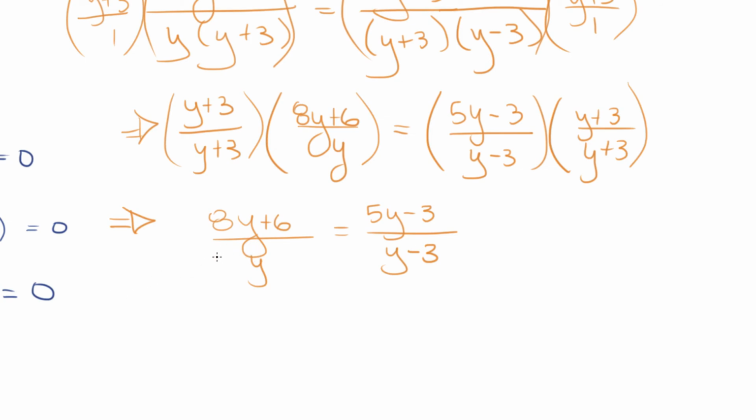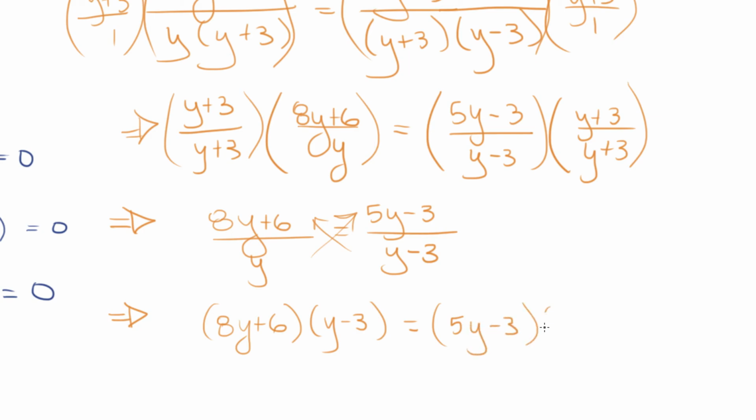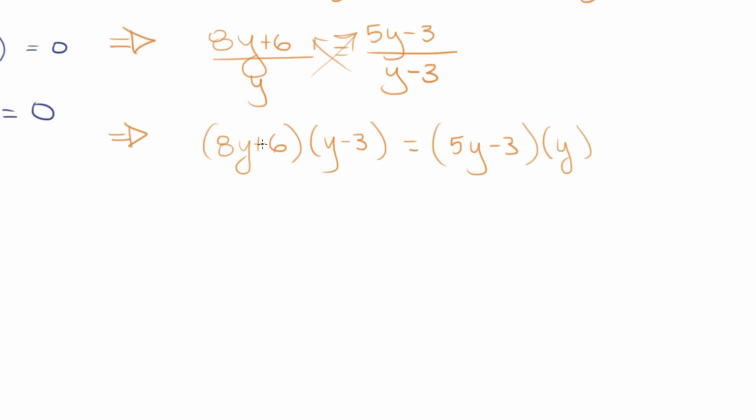Now you have a fraction equal to a fraction. Now it's convenient to cross multiply. So it's going to be 8y plus 6 times y minus 3 equal to 5y minus 3 times y. On the left side, you have to FOIL.